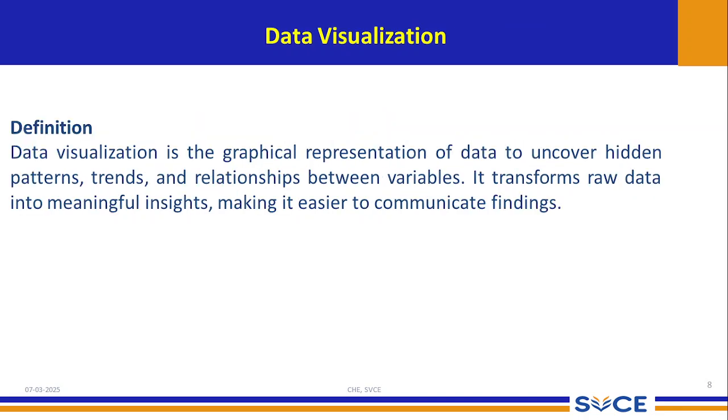Next slide is data visualization. Visualization helps in summarizing the data in a meaningful way. Instead of analyzing thousands of numbers in a table, a simple graph can reveal important trends.